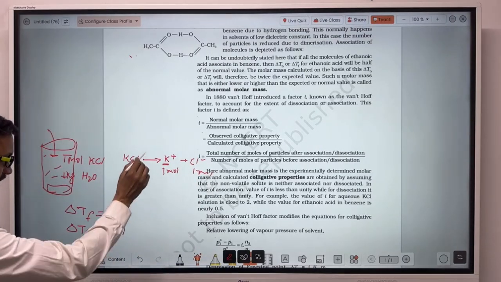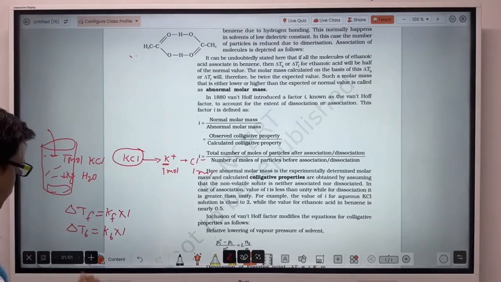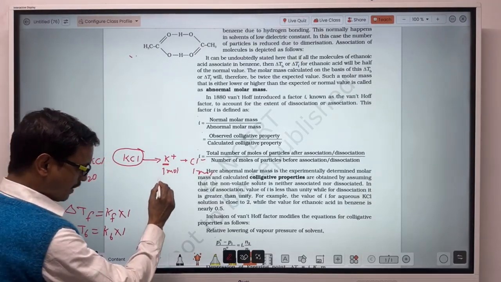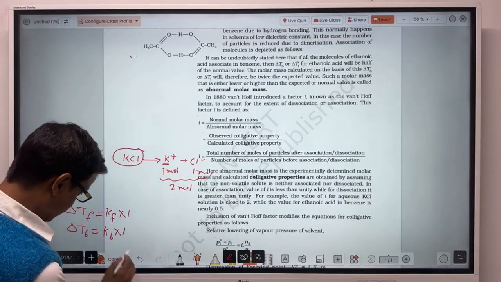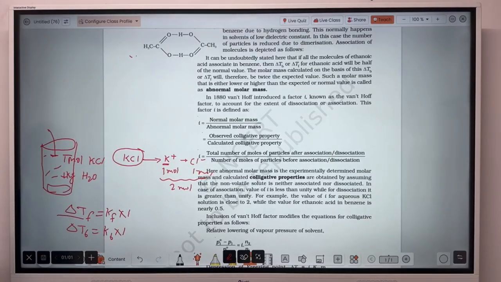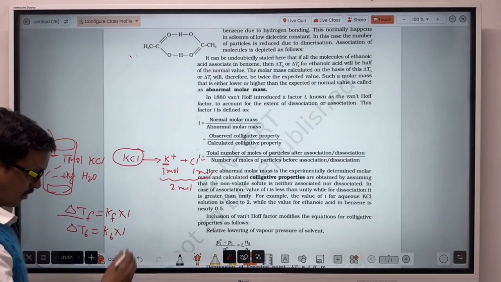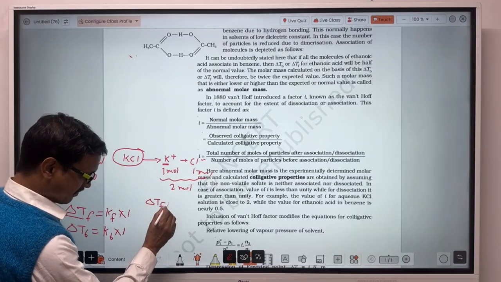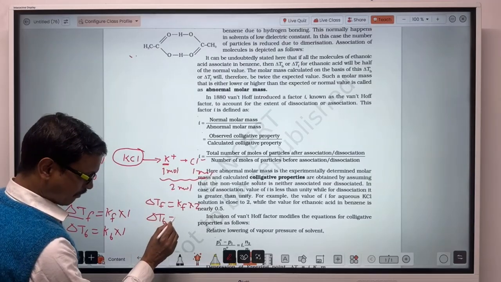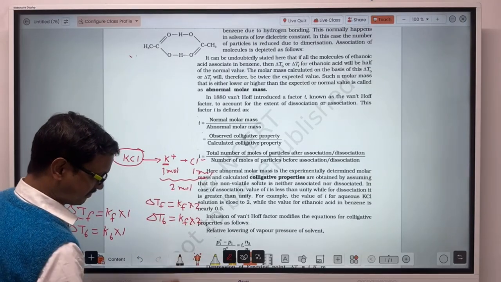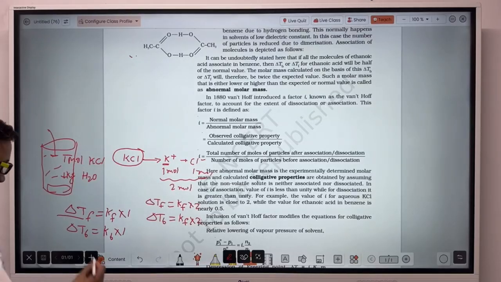So KCl dissociated, and the total number of moles of solute will be 2 moles. Earlier you calculated without considering that KCl dissociates. So actually the depression in freezing point will be Kf into 2, and the elevation in boiling point will be Kb into 2.